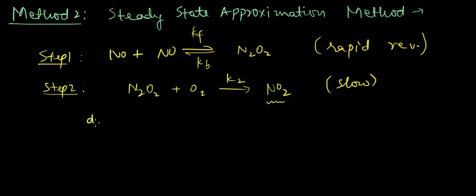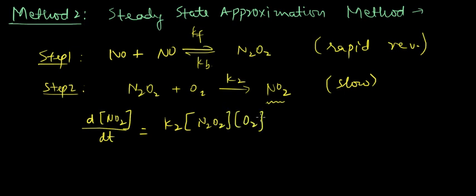So rate of appearance of NO2 can be written as K2 times N2O2 and O2. Why are we writing the order as 2 here, directly writing N2O2 and O2? Because this is a complex reaction. We have broken it into 2 elementary steps, and in elementary steps order of reaction is same as the molecularity of the reaction, hence order would be 2.